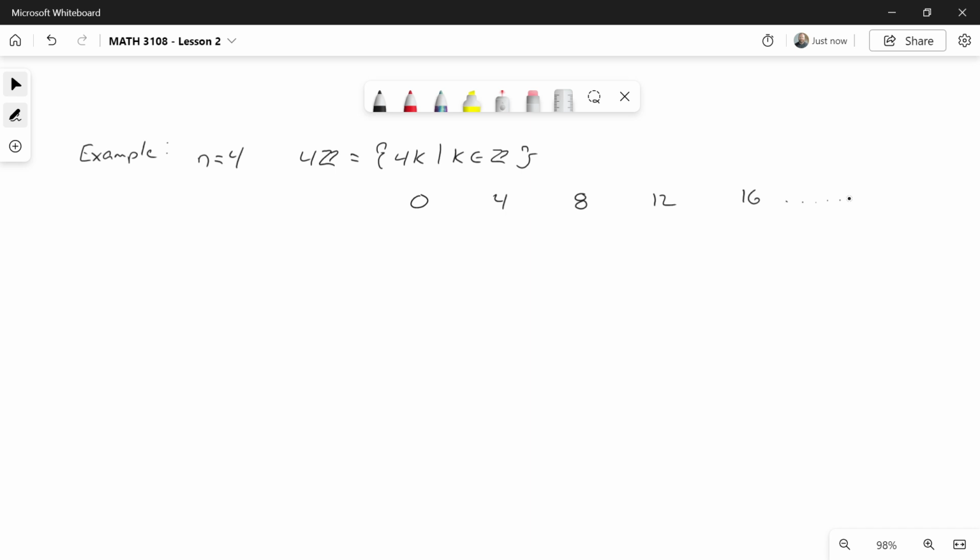Negative 1 times 4 gives me negative 4. Negative 2 times 4 gives me negative 8, and so on: negative 12, negative 16, all the way to negative infinity. So it's not the integers in itself, it's a subset of integers such that every 2 consecutive integers are a distance of 4 units away.